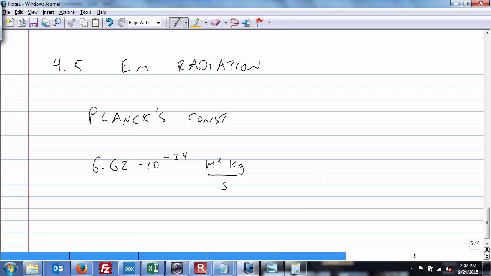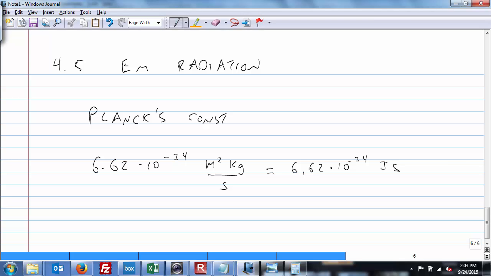Another way to look at it is the fact that a kilogram meter squared per second squared is in fact 1 joule. So another way to write this, it's going to sound kind of funny, but this actually equals 6.62 times 10 to the negative 34th joule seconds.